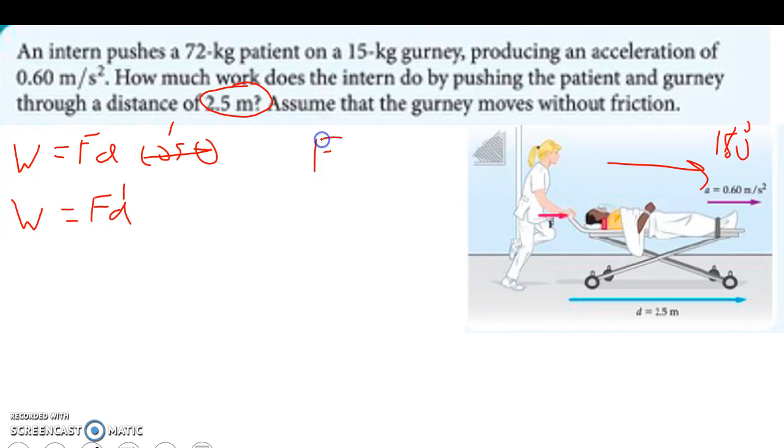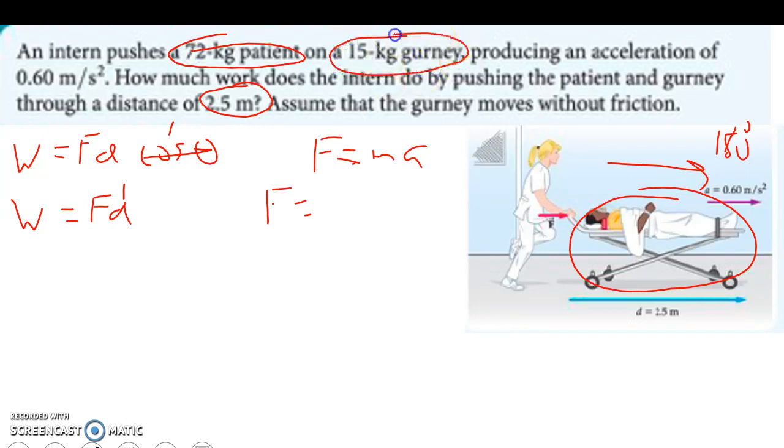Remember Newton's second law, F equals ma. The force that our intern is applying is equal to the mass of this object, which is the mass of the patient plus the mass of the gurney. So 72 plus 15, 87 kilograms, times the acceleration, which I know is 0.6.